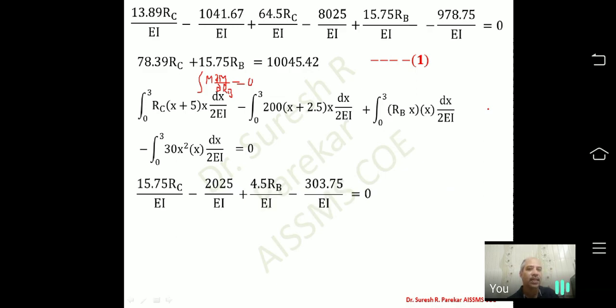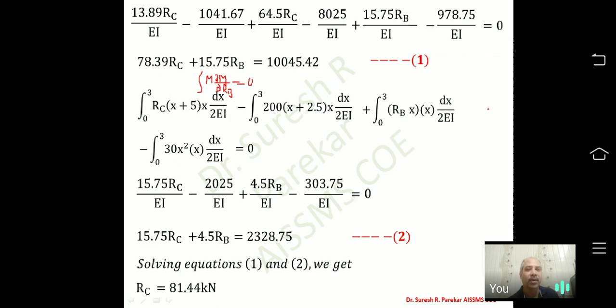If you solve this, you will get the second equation. Now I will solve these two equations. I will get the value of RC, RB, and RA.